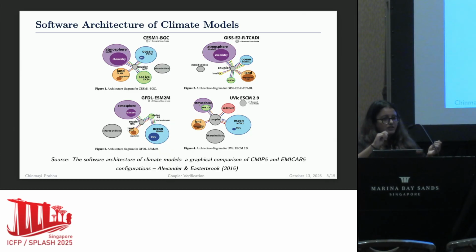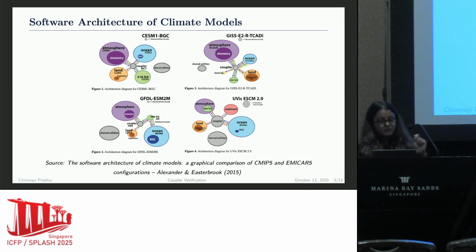So there is a difference in how the models are orchestrated together, but there is also a similarity: in the center of all of these climate models, you can see a coupler, which is connected between the various subsystems.